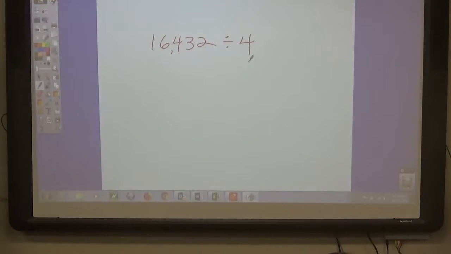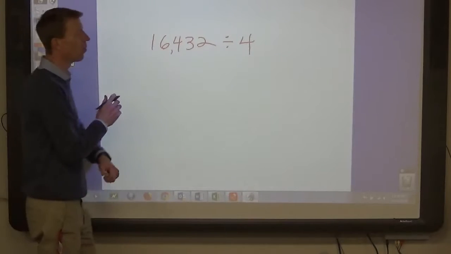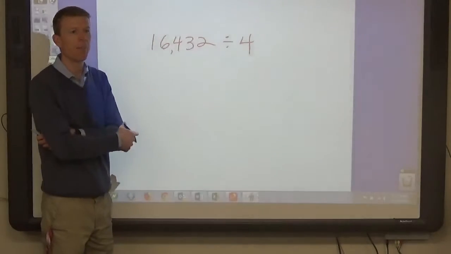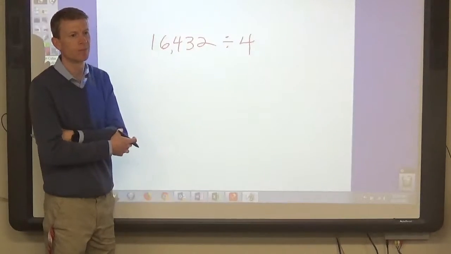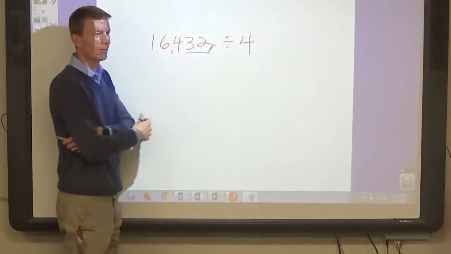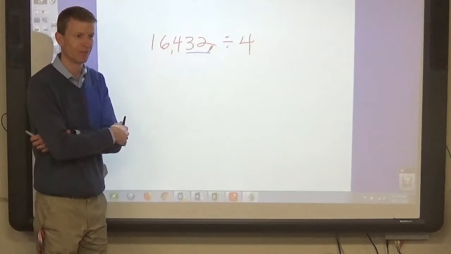Is this number divisible by 4? Adam? Yes, it equals 4. What equals 4? The whole problem. I mean, how do you know it's divisible by 4? Because it's the same number, and 4 goes into 16 4 times.